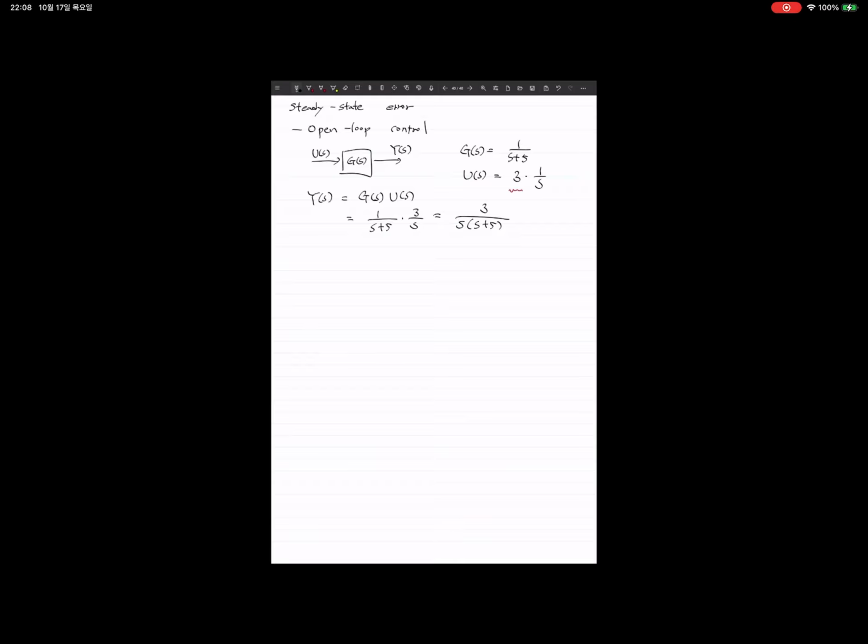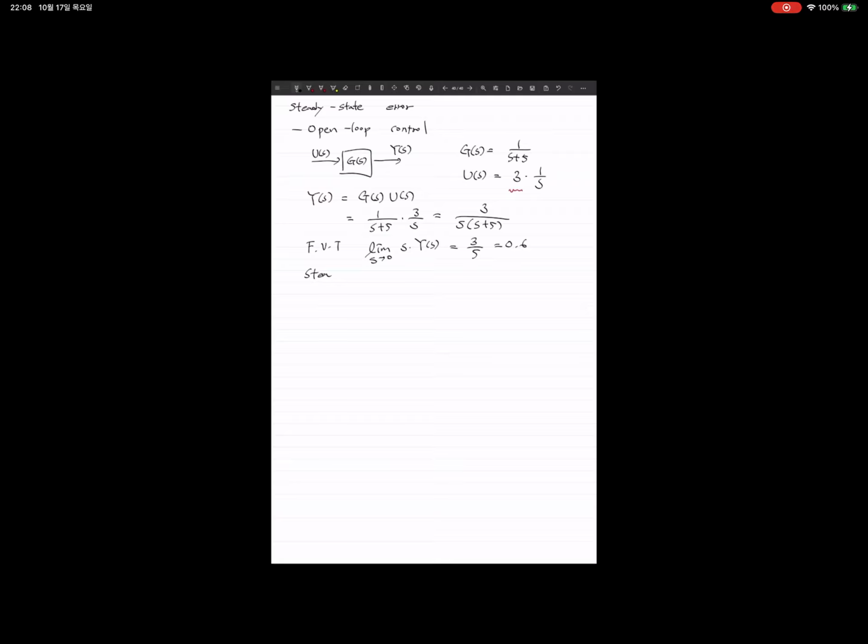So we can find the steady state value using the final value theorem. So limit s goes to 0, s times Y of s, which is what? Which is 3 over 5, which is 0.6. So our desired output value is 3, but the final value is 0.6.